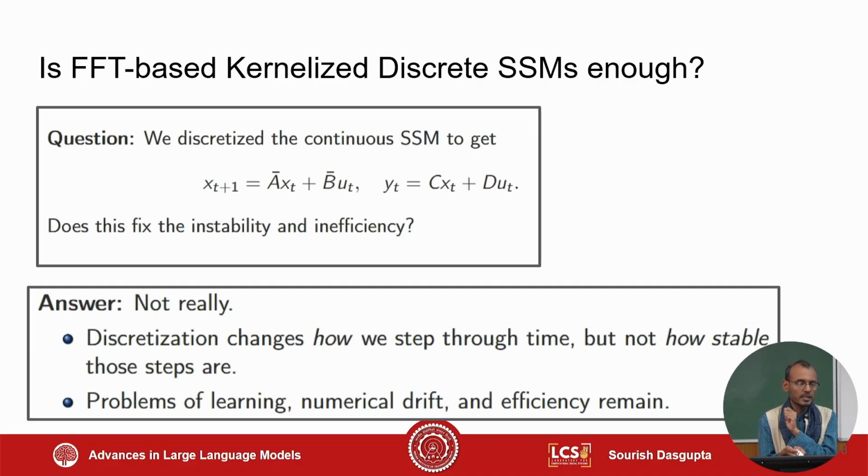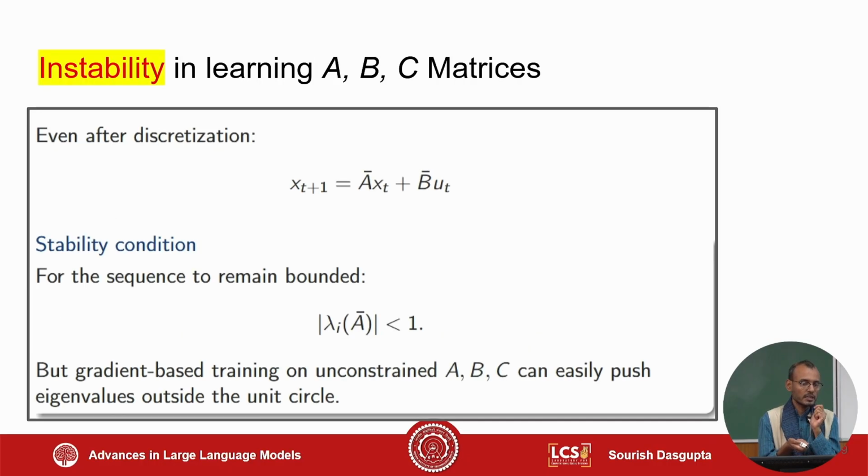But what we don't understand is whether each word that is coming in would maintain the gradients, whether the gradient should not vanish or explode, whether those things are going to be guaranteed. That is not guaranteed, and we'll look at why. Okay, so let's say the instability in terms of learning the ABC matrices.